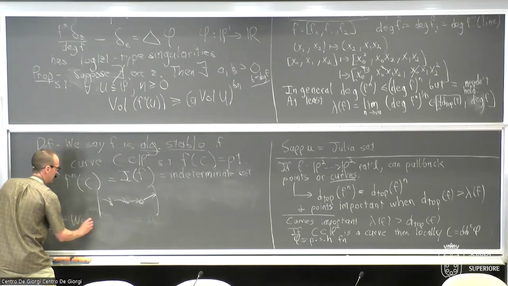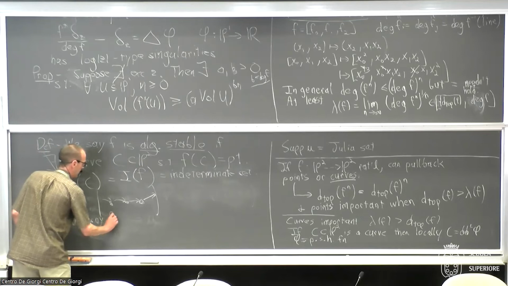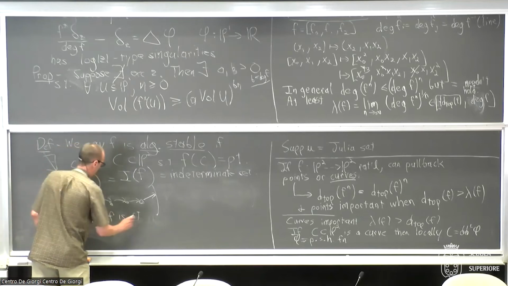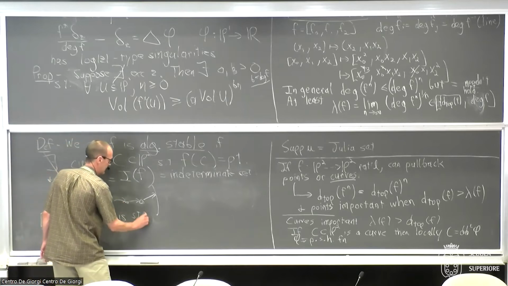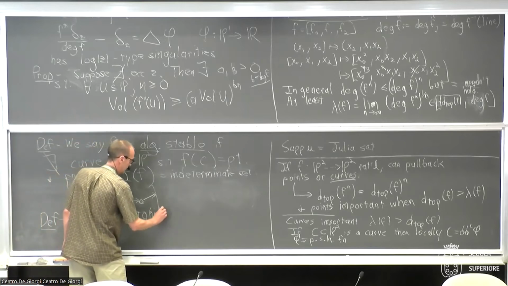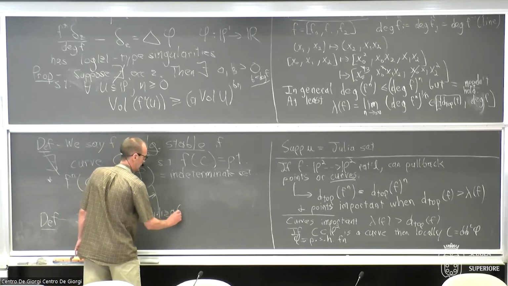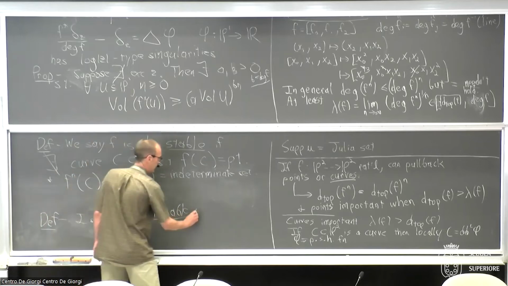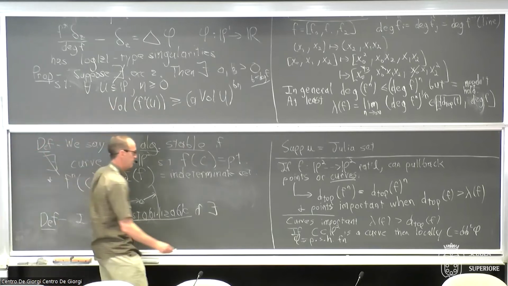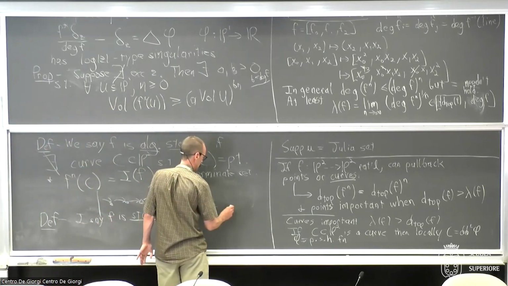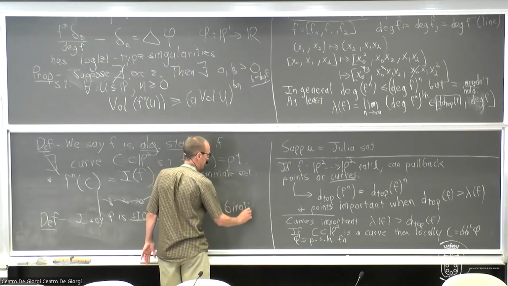We say F, or actually, let's not mess around. This is my own word for the day. I say F is stabilizable if there exists a finite sequence of blowups. So strictly speaking, birational morphism.